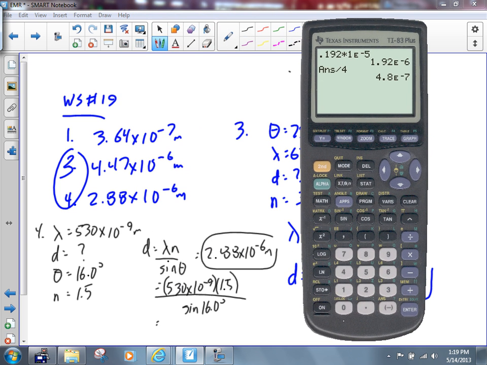All right, let's say now on the calculator 530 times 10 to the minus 9 times 1.5. Just follow along on those keystrokes there, Nick. Let's press equals, and let's divide that by, I'm not sure if we have to use brackets on the bottom there or not. I don't think we do, to be honest, but if in doubt, use brackets, right?